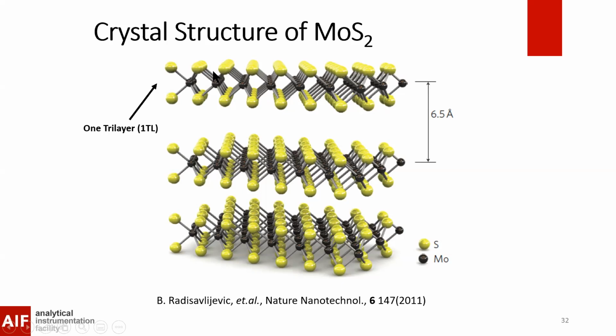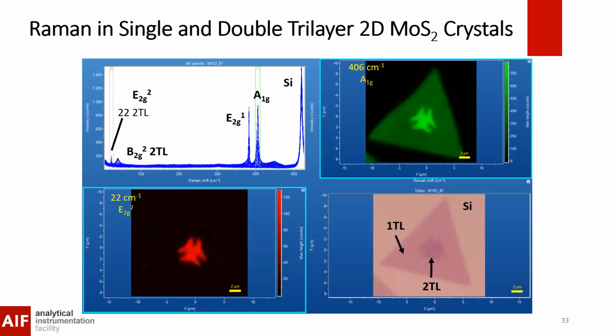So that's one tri-layer position. And if you have several different layers of molybdenum disulfide stacked on each other, the Raman spectrum actually shows pretty different Raman shifts. So let's take a look over here.